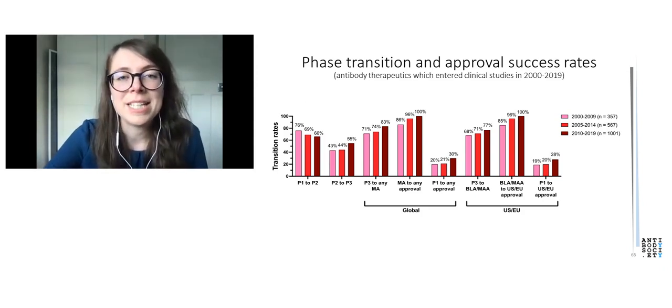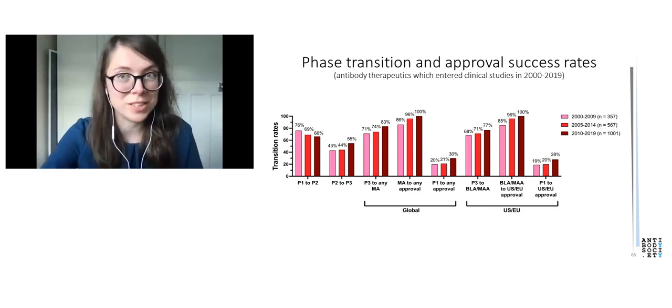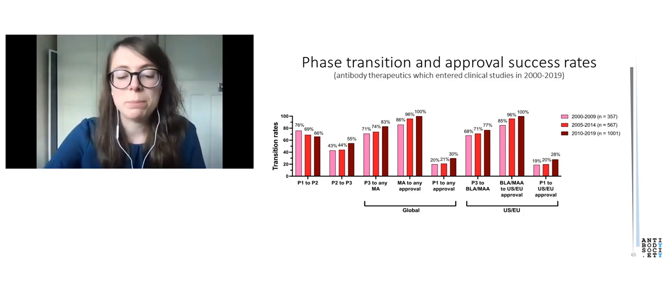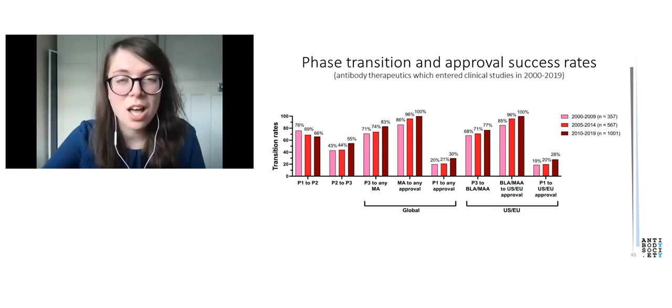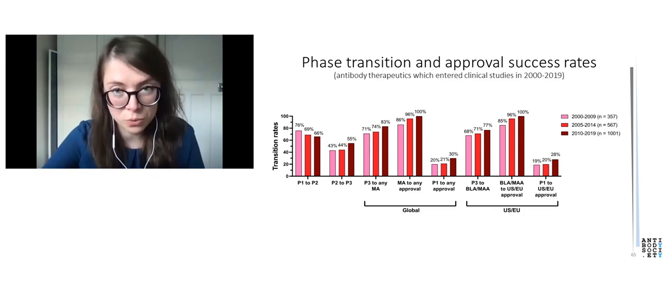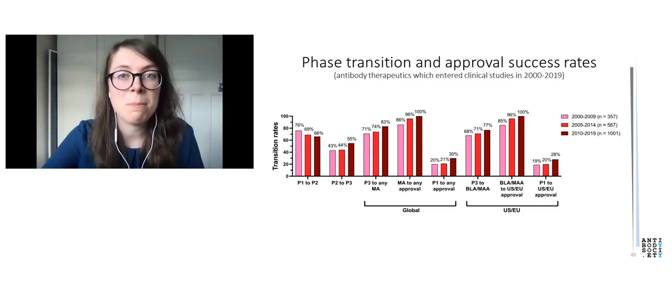And this is a preview of our latest analysis on phase transition and approval success rates. This will be featured in our next Antibodies to Watch in 2024, which will be published in mAbs by the end of this year. And here I'm showing you just a preview.